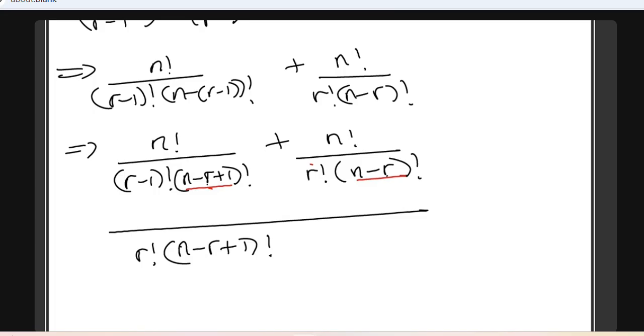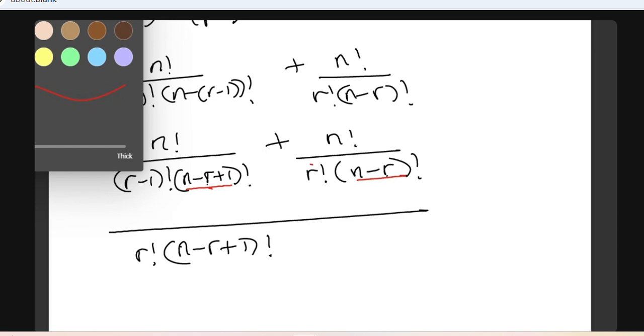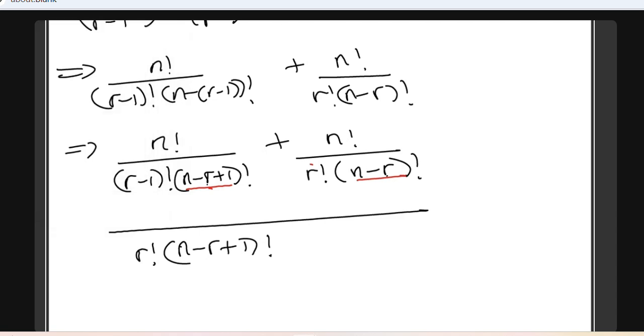This into that. In short, you are saying, let me use another ink so that you just start thinking the same way. So this into that, in a sense, you are saying r factorial (n minus r plus 1) factorial divided by (r minus 1) factorial, then (n minus r plus 1) factorial.